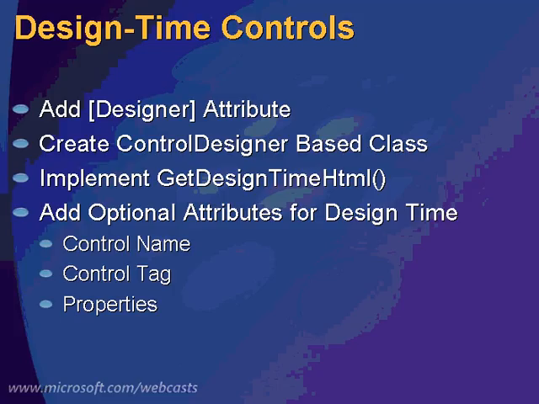So we have the option here of adding what we call design time control support. To do that, we add a designer attribute to our class, and we tell our designer attribute the name of the class that is actually going to handle the functionality and how it's going to render when we're in Visual Studio or another environment that understands the design time controls environment. Once I add my attribute, I'm going to create a class that derives basically from ControlDesigner. The ControlDesigner class is inside a namespace called System.Design, so we have to add the System.Design namespace reference to our applications.